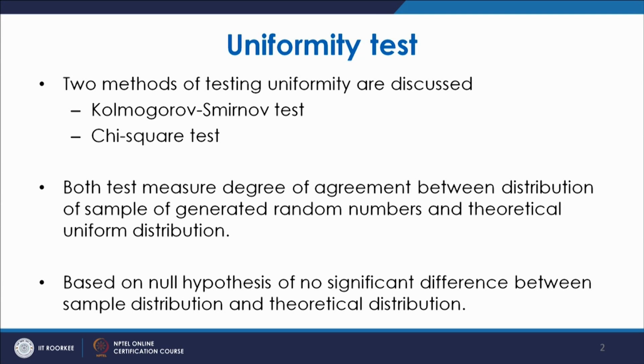There are two methods of testing uniformity: the Kolmogorov-Smirnov test and the Chi-square test. Both are frequency tests, and they measure the degree of agreement between the distribution of the sample of generated random numbers and the theoretical uniform distribution.